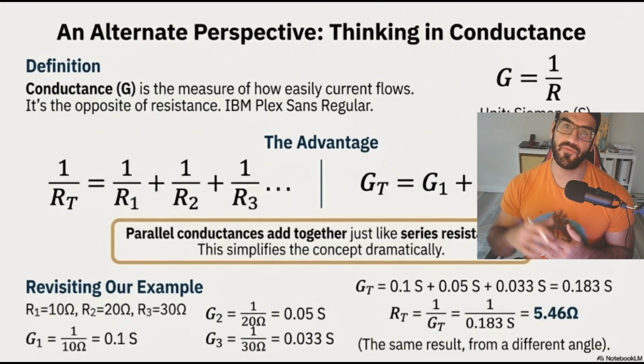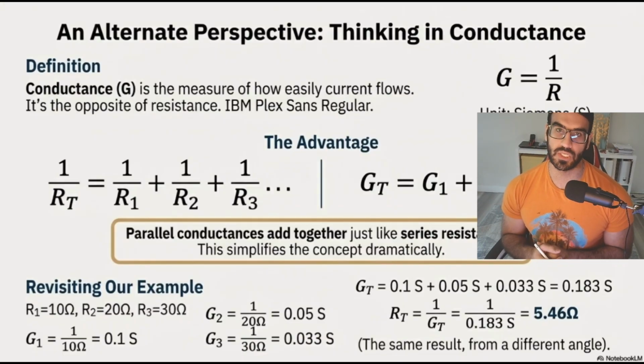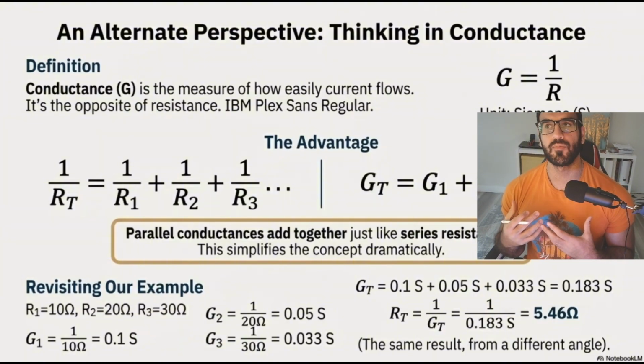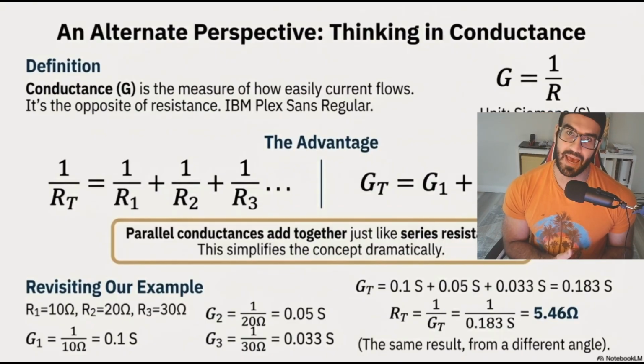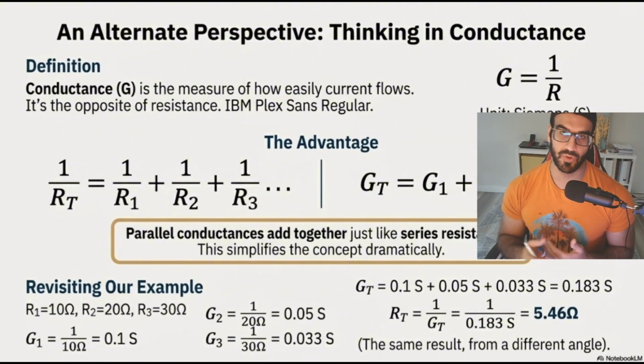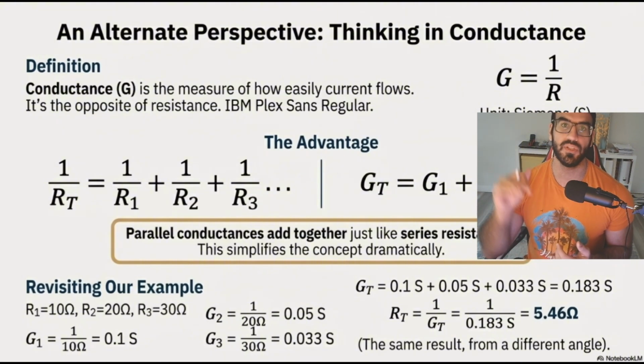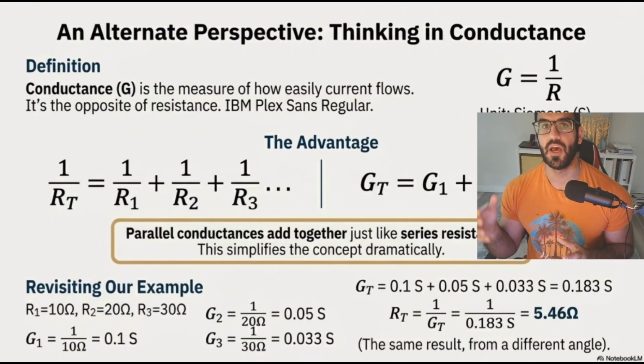Unlike R, where if you increase it, your I is going to decrease, conductance means how willing a component is to let a current path through, how much your component likes the current. So obviously it's going to be the reciprocal of resistance, and if you increase the conductance, it means that you're increasing the current movement possibility.